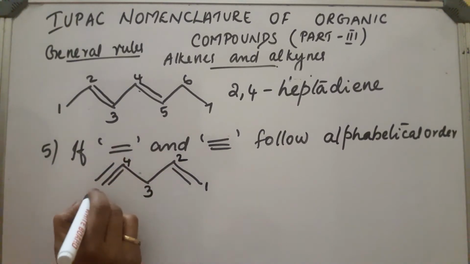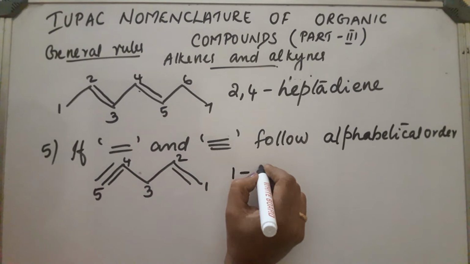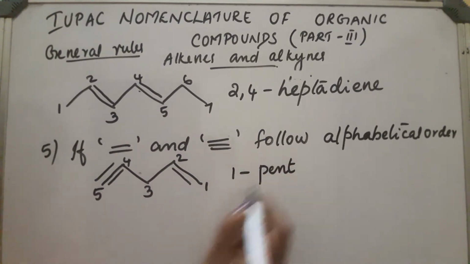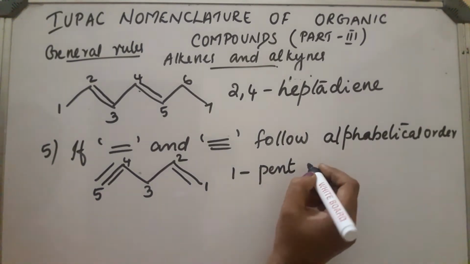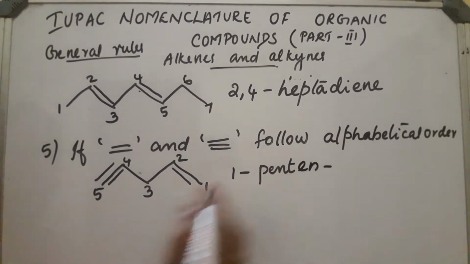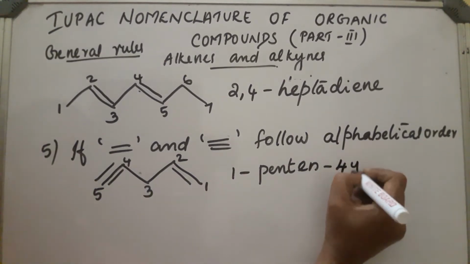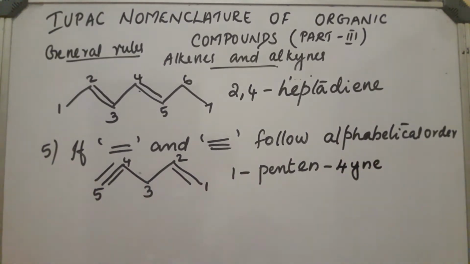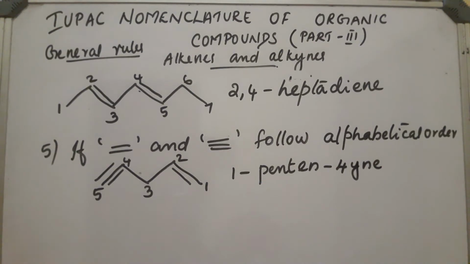The name of the compound will be 1-pent, this is pentane, so pent, and the triple bond will be in the 4th position. So pentene, and after "ene", 4-yne. So pent-1-en-4-yne will be the compound.